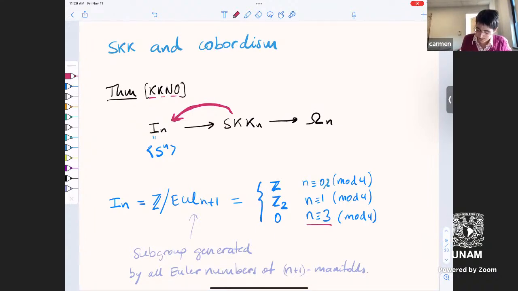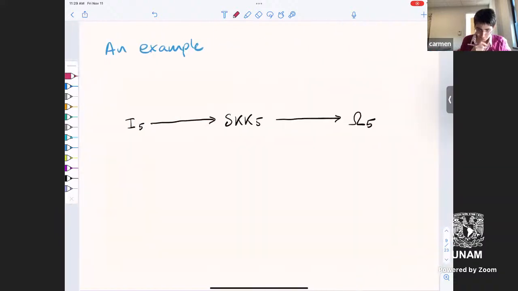If you're in 0 and 2 mod 4, it splits via the Euler characteristic. And then this one is super interesting. That splits via the Kervaire semi-characteristic that I mentioned before. And we're going to see an example right now of how that works.